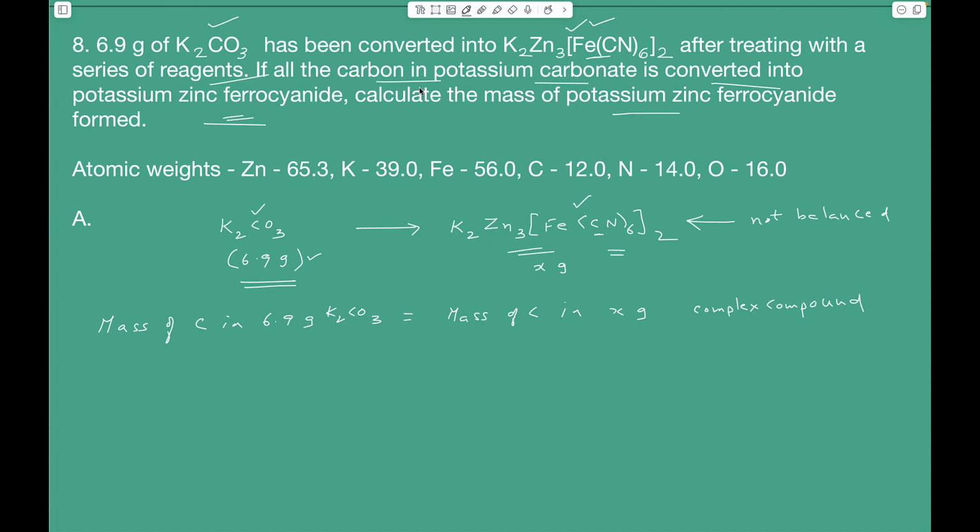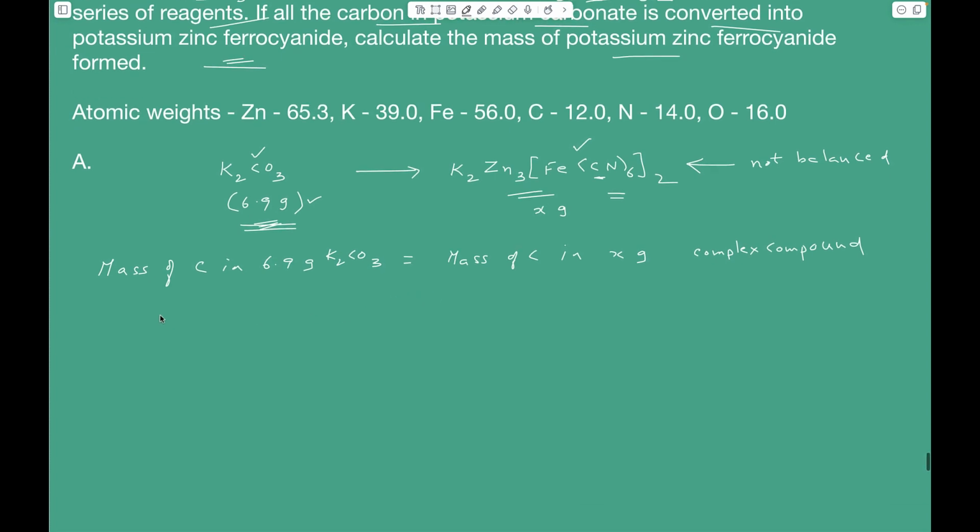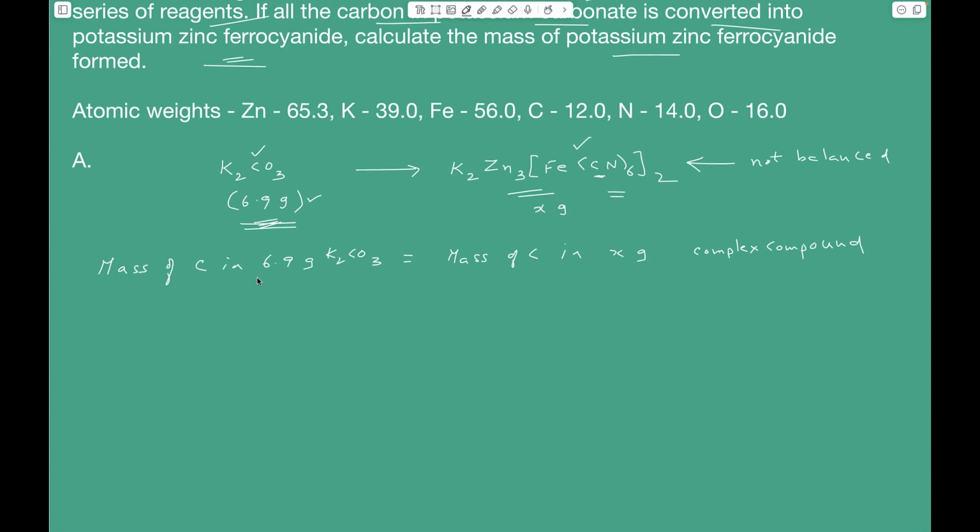Because the question says all the carbon present in the potassium carbonate that we took ended up in this compound. Now if the mass of carbon is the same on both sides, then the number of carbon atoms must also be the same, right?